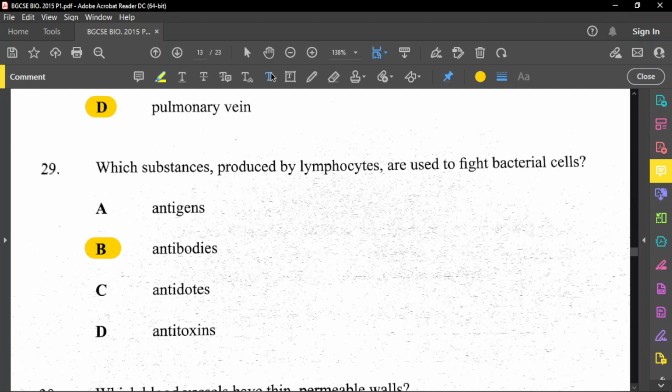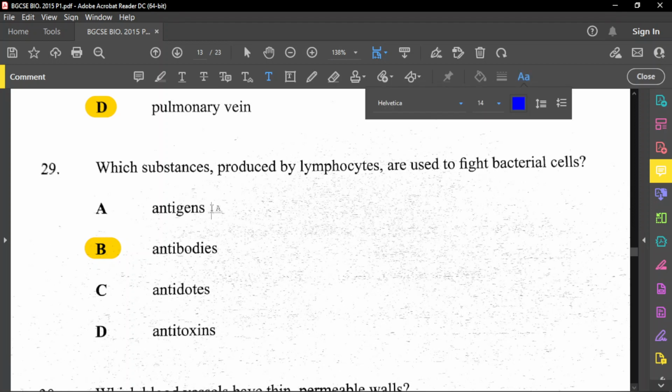But let's just point out what antigens are, and quickly define this. Antigens are substances or organisms.